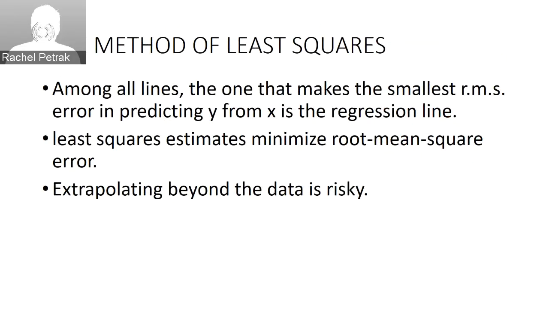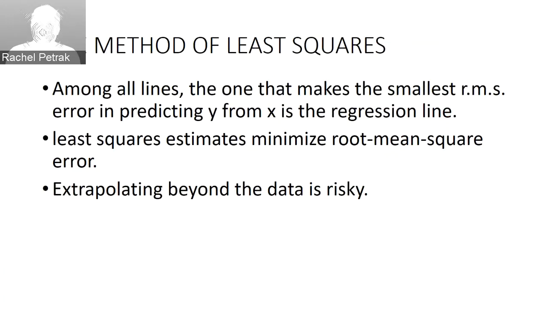We also are introduced to this idea of the method of least squares. And the method of least squares tells us that this is basically just another term for the regression line.